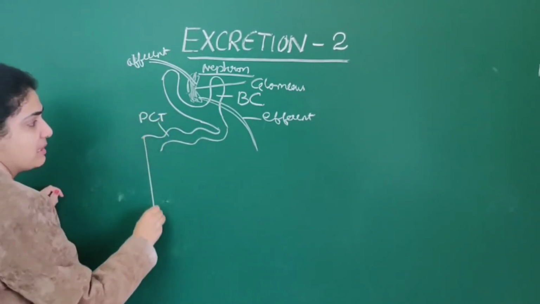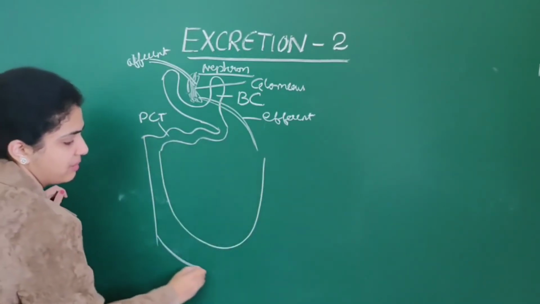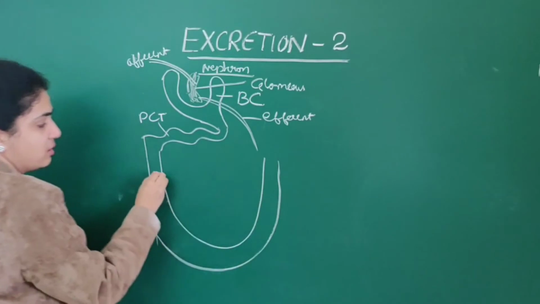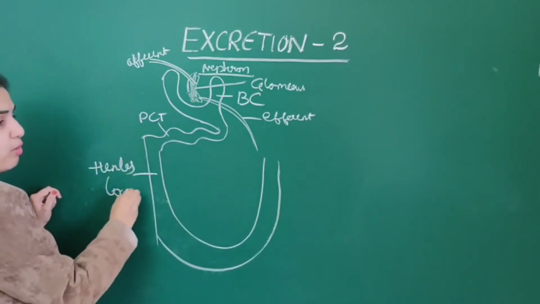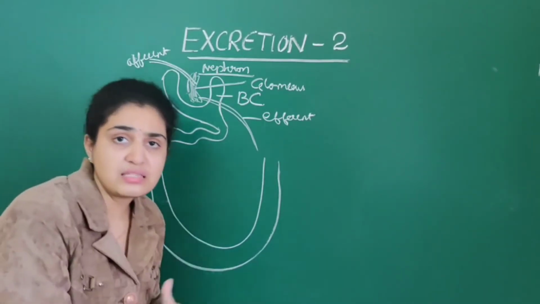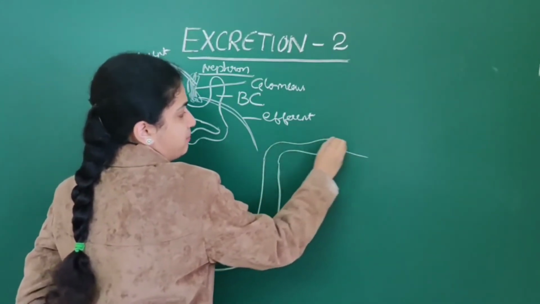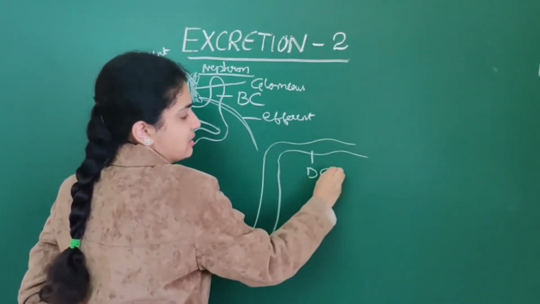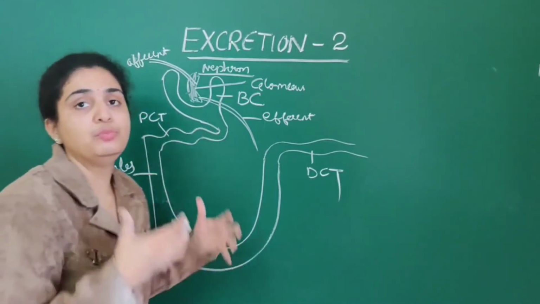From this proximal convoluted tubule there arises a U-shaped bend structure called Henle's loop, or loop of Henle. From this loop there arises another structure called the DCT, the distal convoluted tubule.